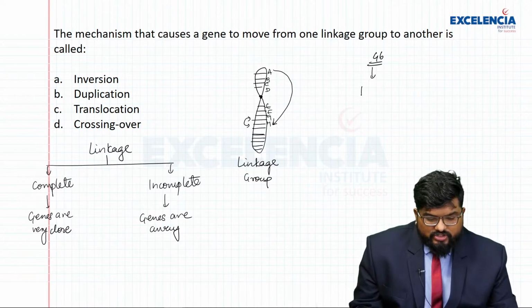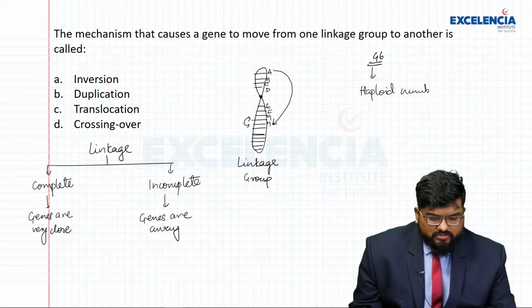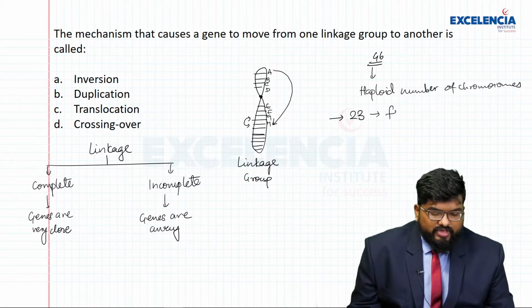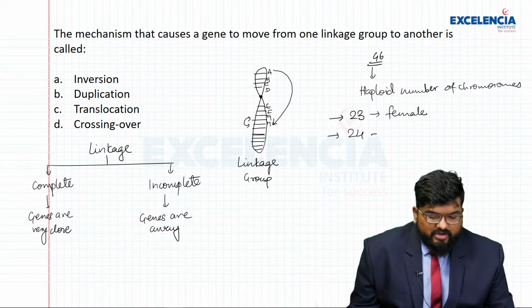So the number of linkage groups is equal to the haploid number of chromosomes. So if we look at the haploid number, we should have 23 linkage groups. But 23 is for female. For male, it will be 24.